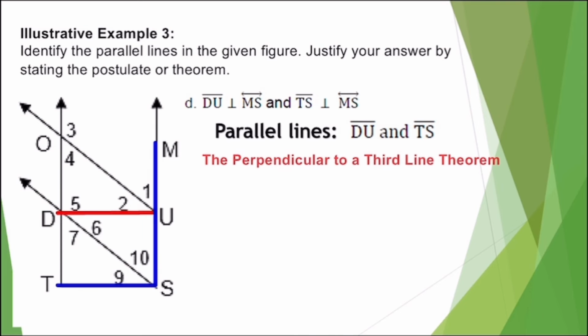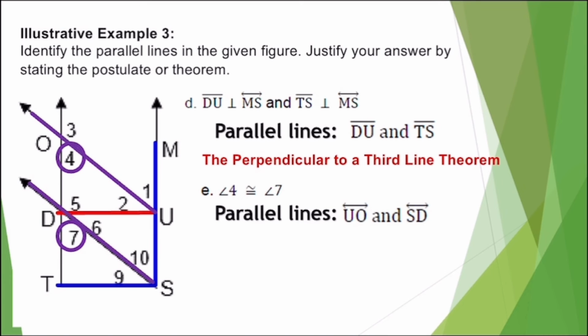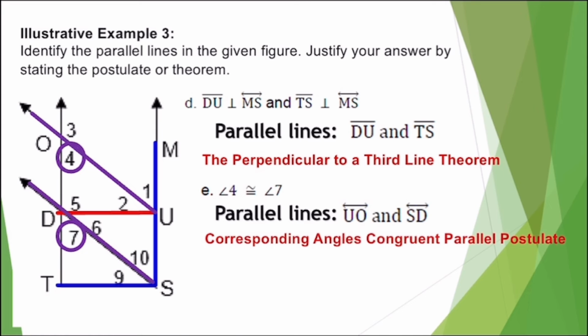The theorem is the perpendicular to a third line theorem. Next condition, if angle 4 is congruent to angle 7, the parallel lines here are line UO and line SD. The postulate is the corresponding angles congruent parallel postulate.